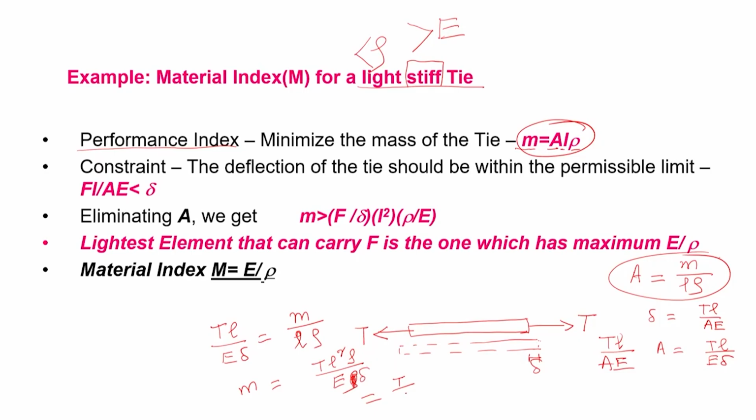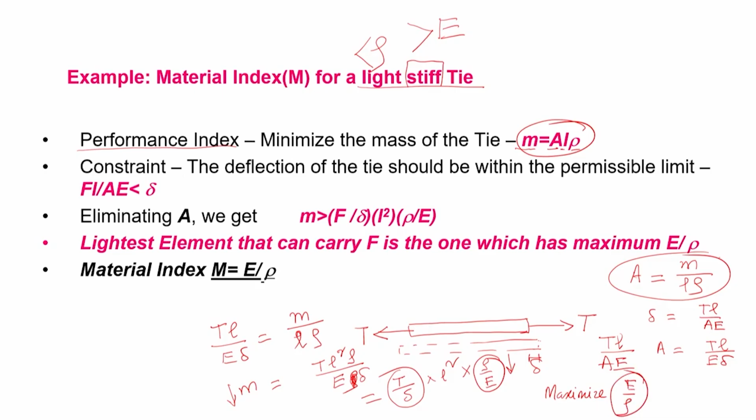So, we can write that T by delta as one group, that is the functional group, and then we can write this L square as the geometry group, and then we can write rho over E as the last group, which is the material property group. So, if I have to minimize the mass, what does that mean? It means I have to minimize the rho over E, and that actually means that you have to maximize E by rho, because maximization of E by rho is the same as minimization of rho by E.